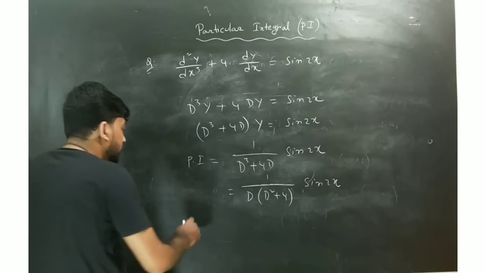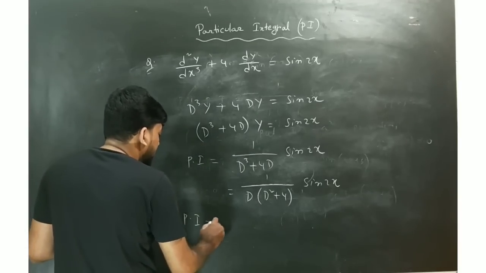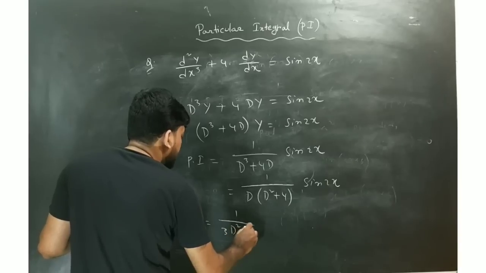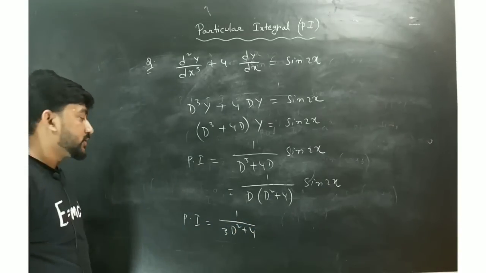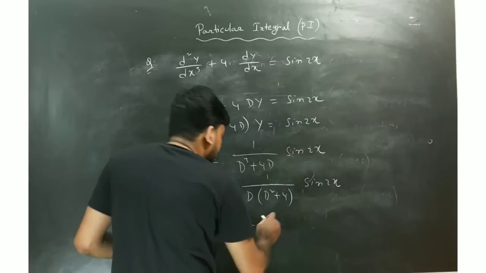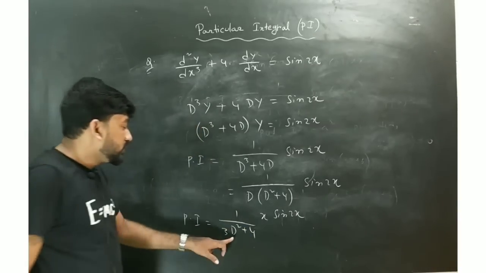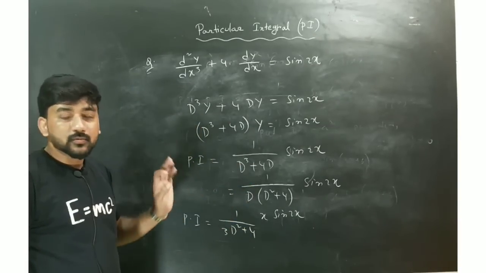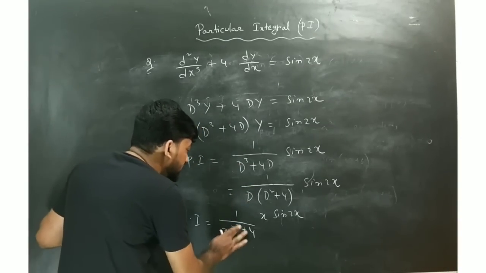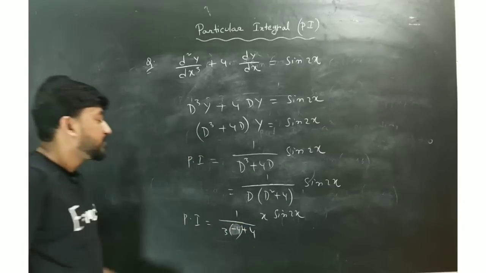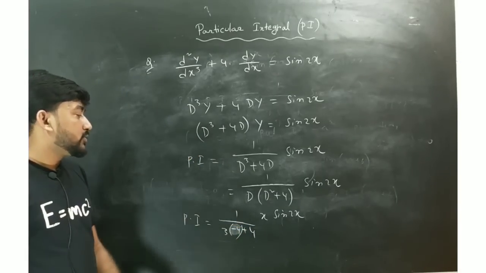So the next step to find the particular integral will be 1 upon 3D square plus 4. You have to take the differentiation, and then take one x outside, so it will be x sin 2x. And now you have to put D square as minus 4. So it will be minus 12 plus 4, that will be minus 8.